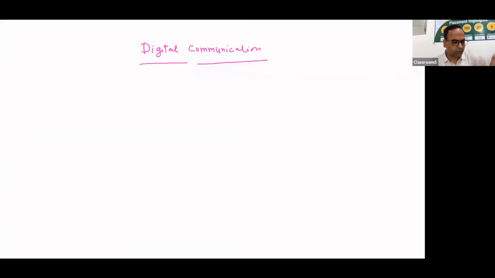We have calculated the probability of error for internal points, right?